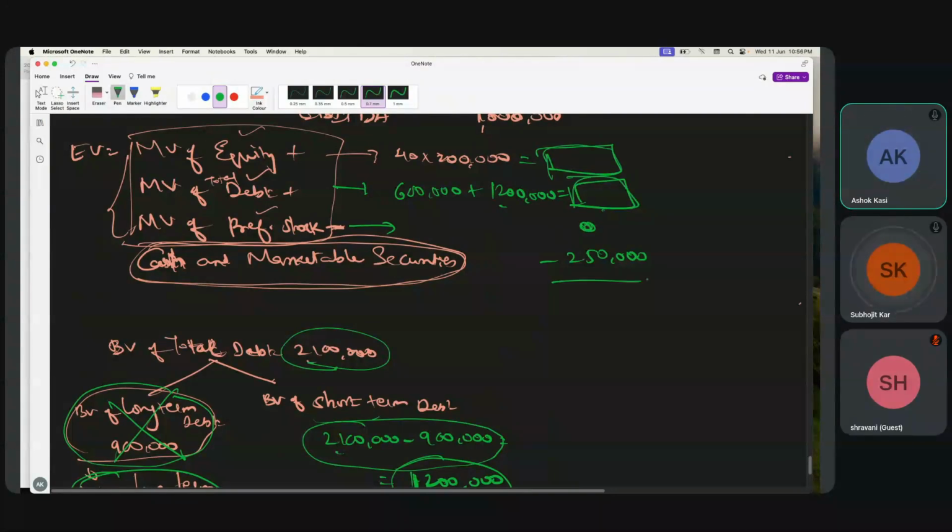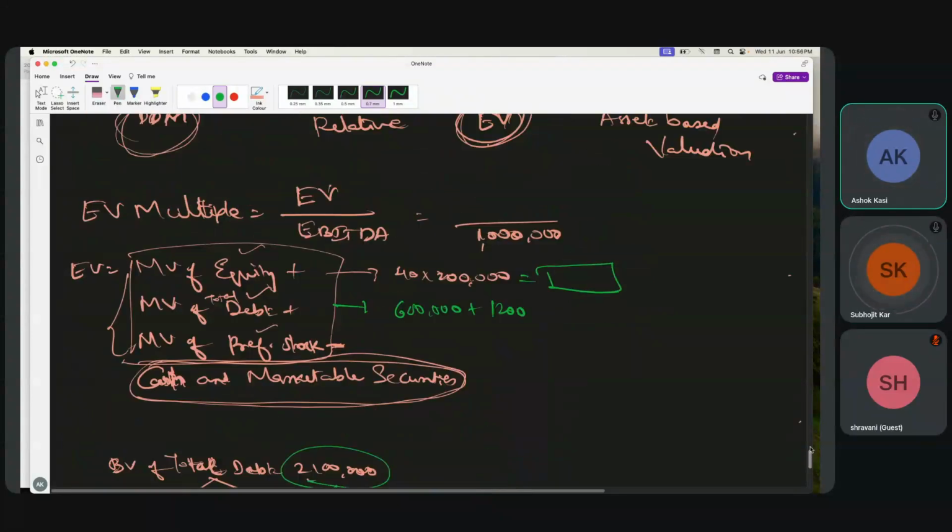That is 8 million... 9,550,000. This is EV. Now what we want is EV by EBITDA.